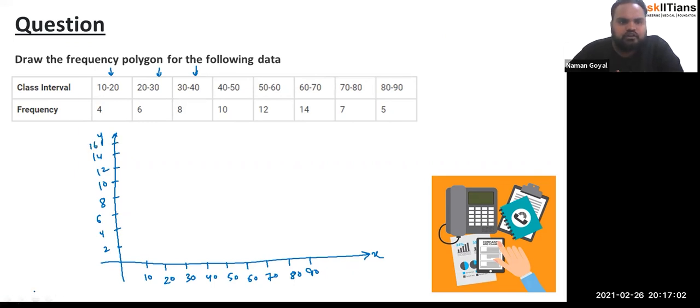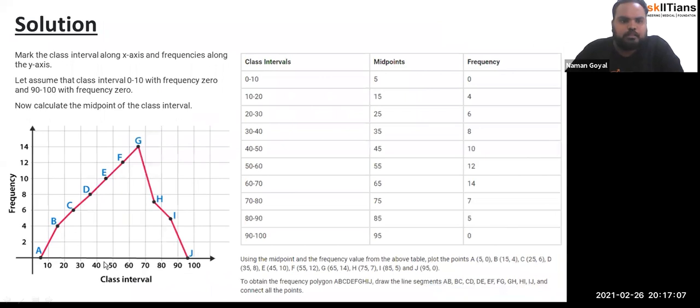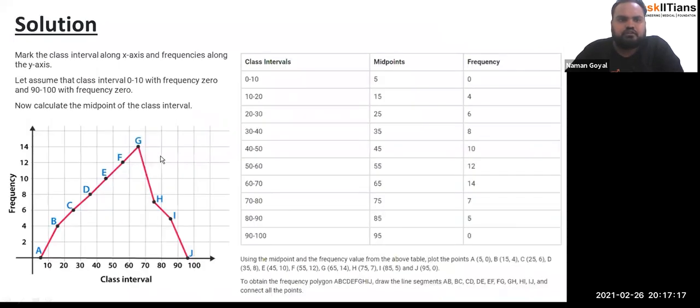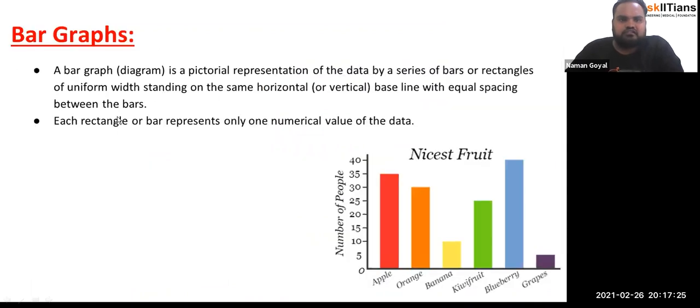For 10 to 20 it is 4. Now the frequency is given, so we have to take the midpoints for plotting the points.